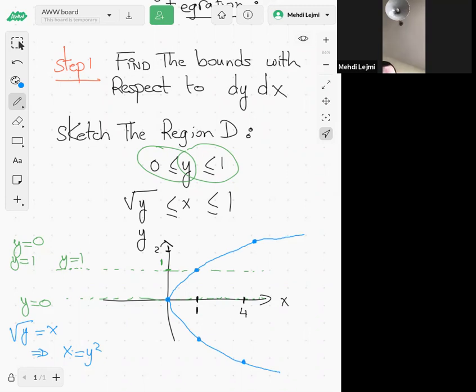Oh, sorry, it's x squared equals y. I wrote it wrong here. It's x squared equal to y; my bad.